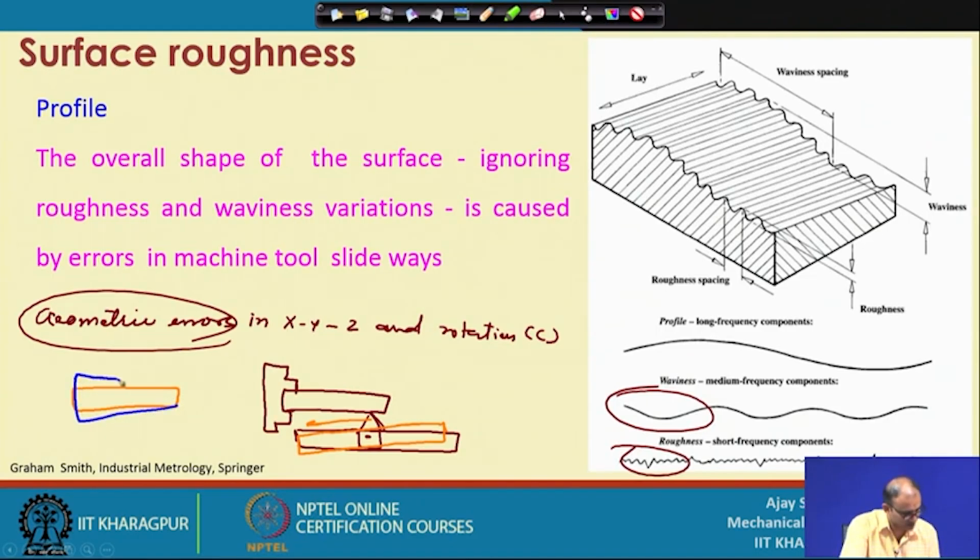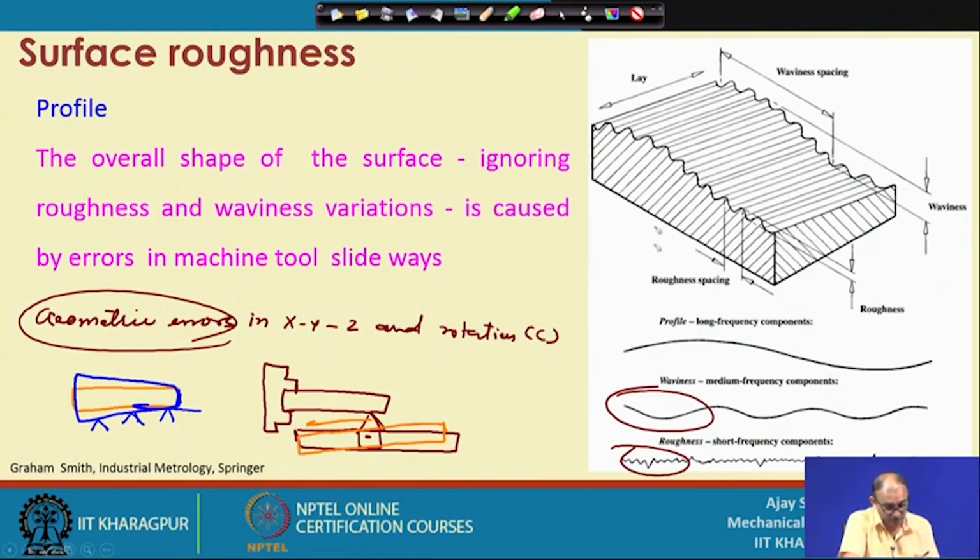So, this is the surface which you are going to get, because your tool is moving in this direction. So, this is your tool motion, but your actual tool motion should be in a straight line. So, this is a very long variation or long wavelength component. This happens because of the geometric error of the machine tool slide way or the axis orthogonality. So, those are called the geometric errors.